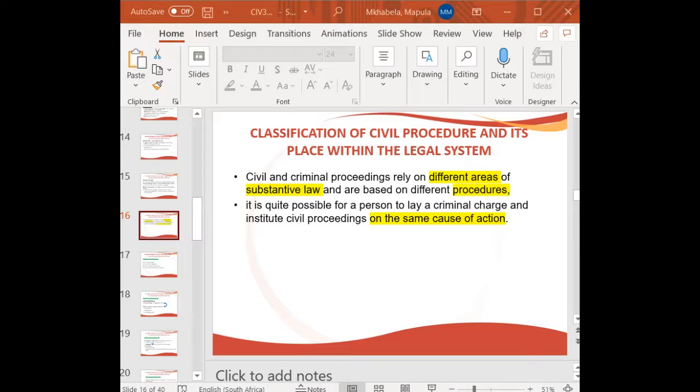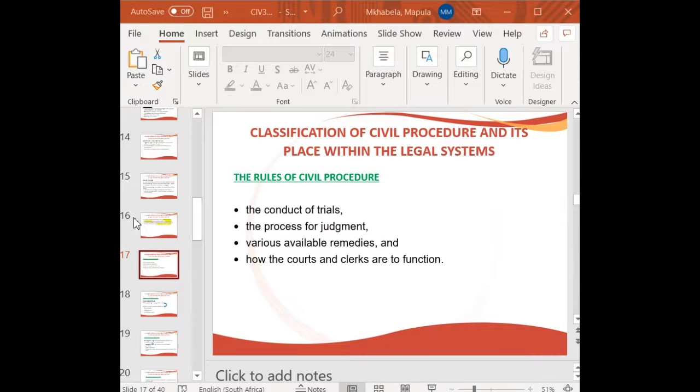Before I carry on with this discussion, I would like to go back to the rules of civil procedure. The rules of civil procedure also govern the conduct of a trial, the process of judgment, various available remedies, and how courts and clerks of courts are to function.